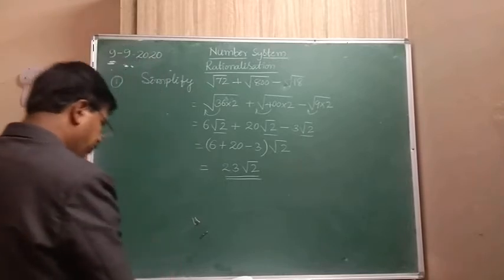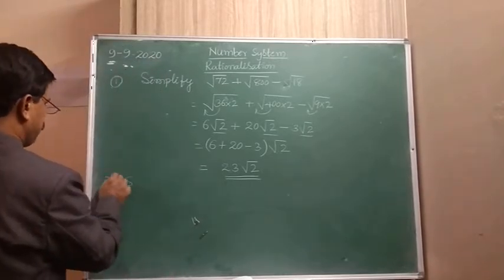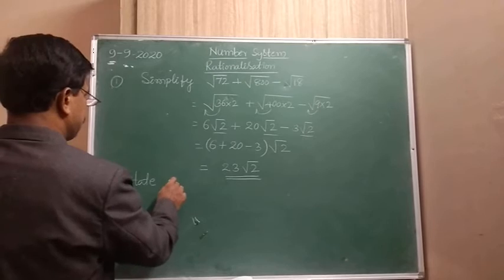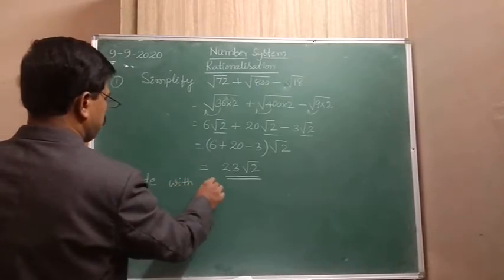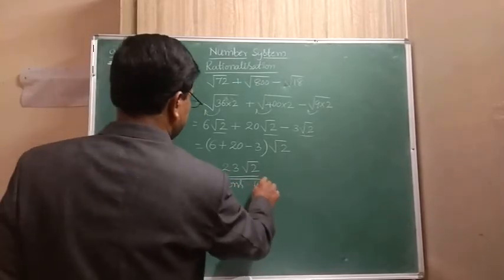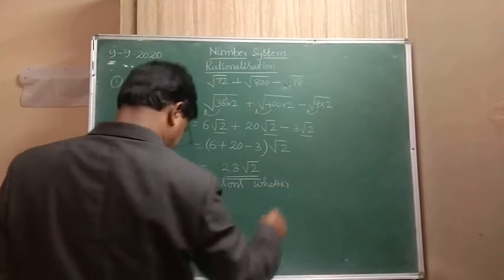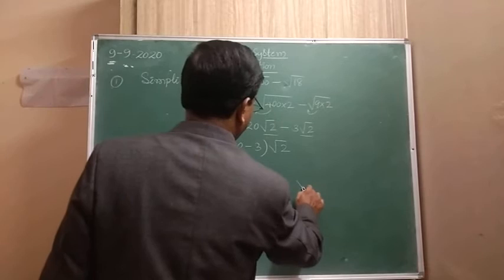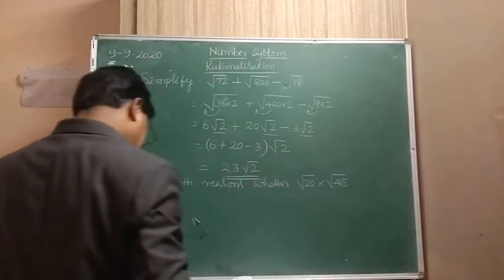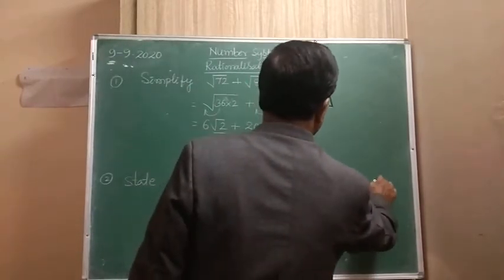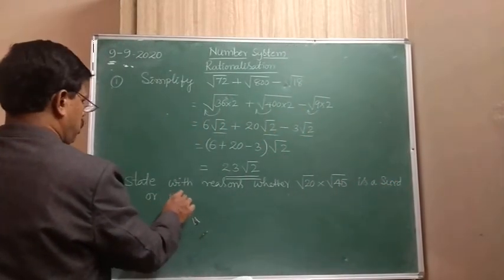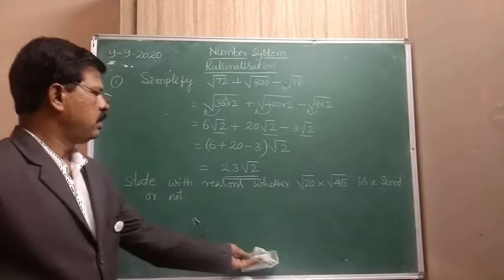Now, second question: state with reasons whether root 20 into root 45 is a surd or not.